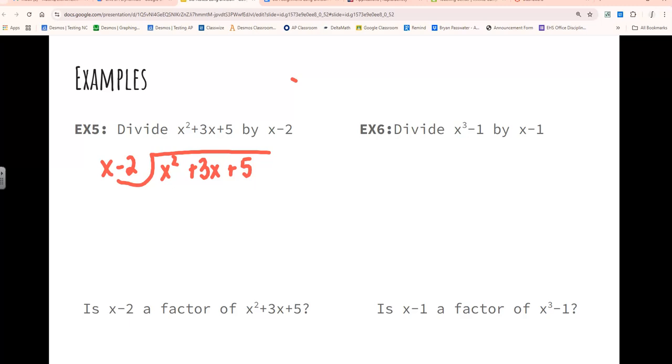So what I've got to do here, dividing is going to look a little different because I've got an x minus 2. What you need to do is really only think about the first term that you have here. Our first term right there is just x. Since our first term is just x, we're going to think about how many times x will go into whatever we're looking at.